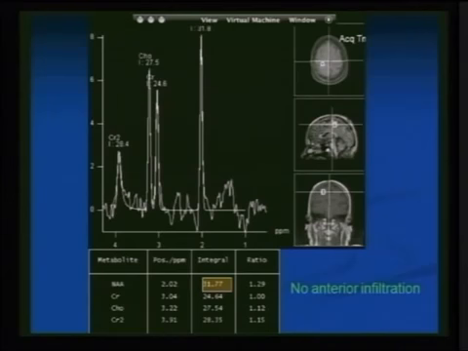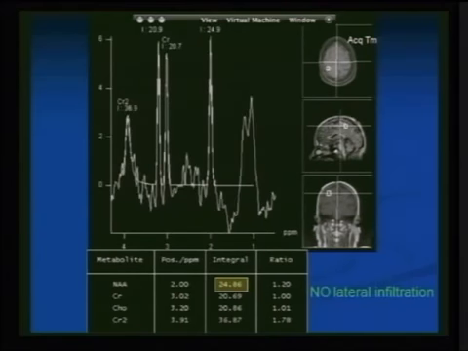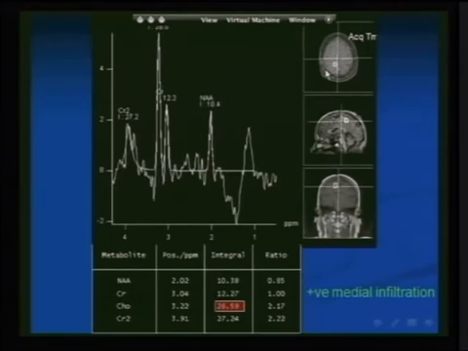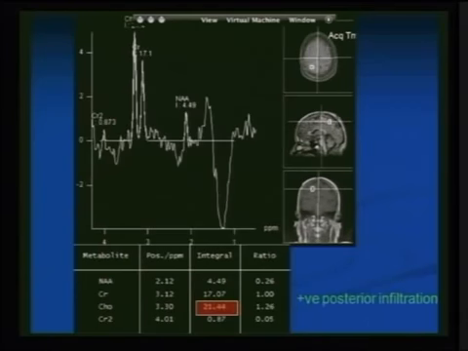Interrogating the area around the tumor, there is preserved NAA anteriorly, denoting no anterior infiltration, and preserved NAA laterally, denoting no lateral infiltration, while the NAA is depleted medially, denoting medial infiltration, as well as posteriorly.